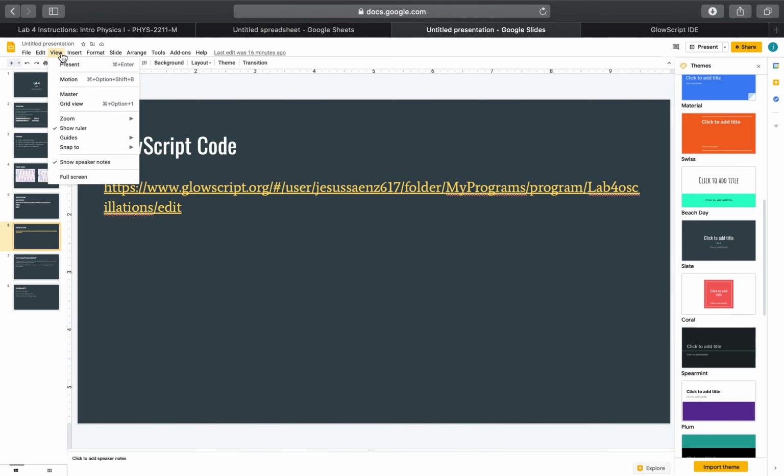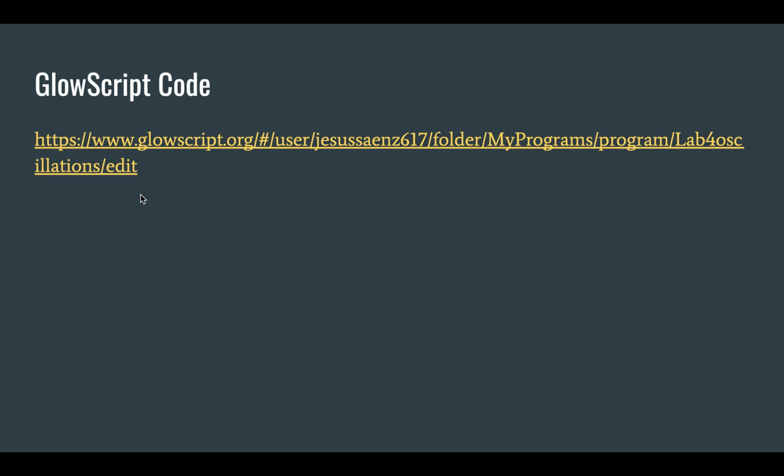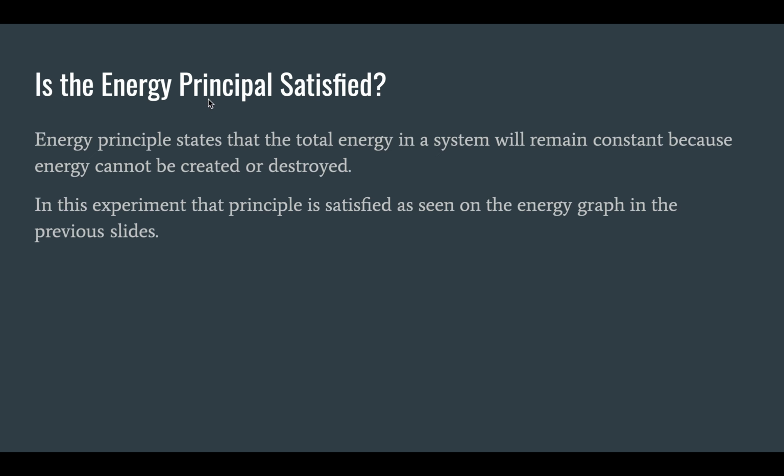Let's go back to our main presentation and take a look at this. So, is the energy principle satisfied? The energy principle states that the total energy in a system will remain constant because energy cannot be created or destroyed. Yes. Very similar to the law of conservation of energy.